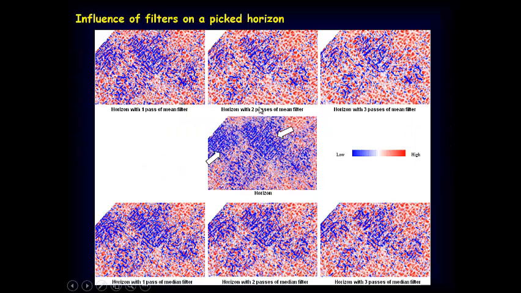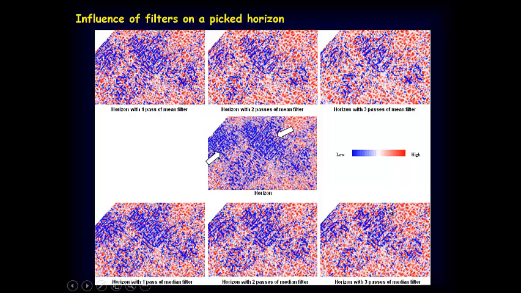So similar is the case with the curvature that we may compute on a given horizon. We can compute curvature with the data as the input as such, and then we can compute the same curvature measure from data with one pass of a mean filter, or one pass of a median filter, two passes of mean filter, two passes of median filter, and similarly three passes.